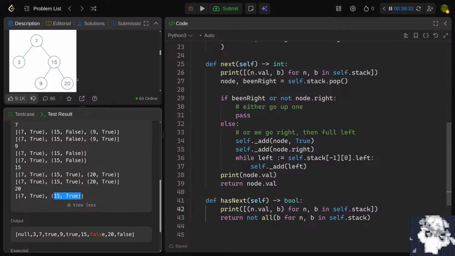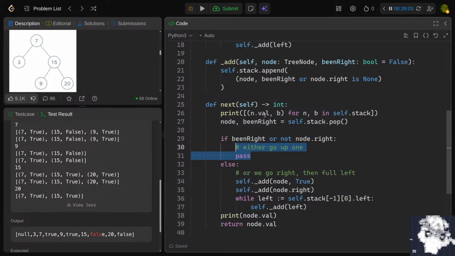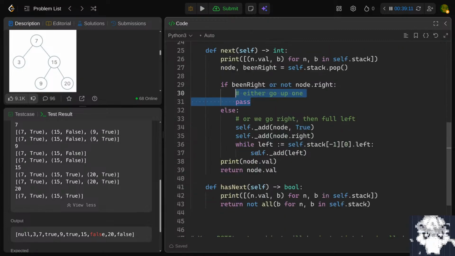It's like if you have been right, so if we go up 1, but we've already been right on the one that we went up to, then we're done. If we've just gone up 1, but we've already been right on the one we just went up to, we're done.